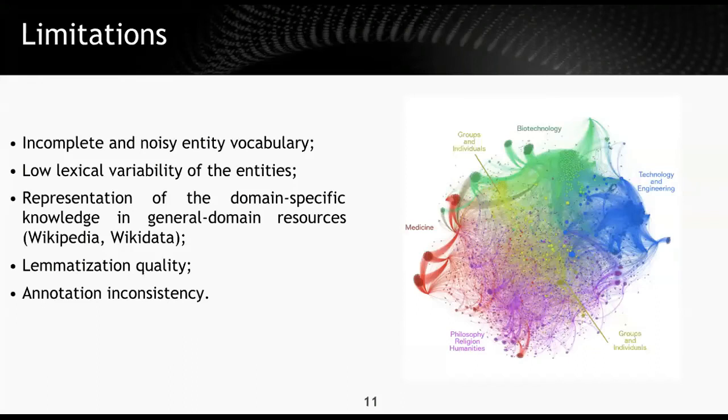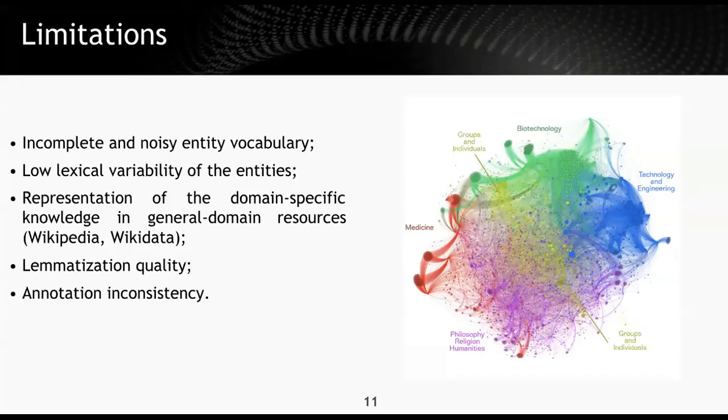This results in a low lexical variability of the entity vocabulary. Despite a rich variety of domains covered in Wikipedia, domain-specific knowledge may not be sufficiently represented in the document collection, as well as in similar publicly available resources. This necessitates extra data mining for the model to learn relevant context.